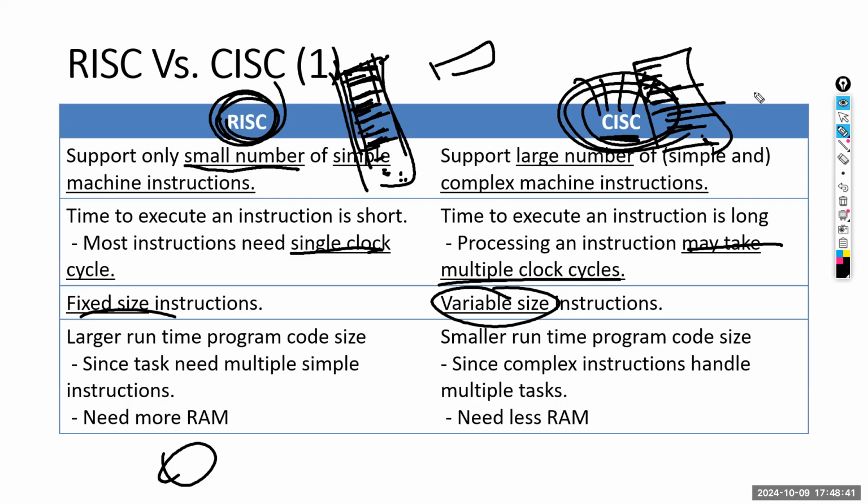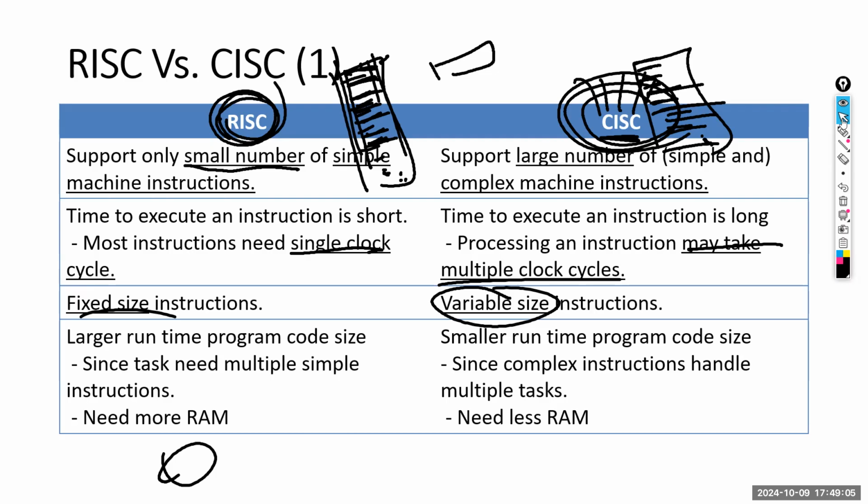Do you have any questions about RISC versus CISC? RISC supports only a small number of simple machine instructions. CISC supports a large number of both simple and complex instructions. Therefore, designing a RISC processor is simple compared to CISC. It's cheaper, but performance-wise a little less, which is okay for general purposes.